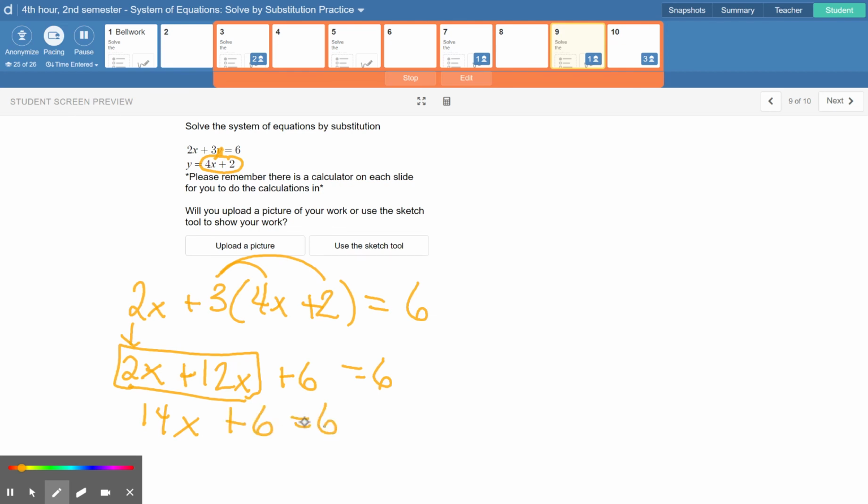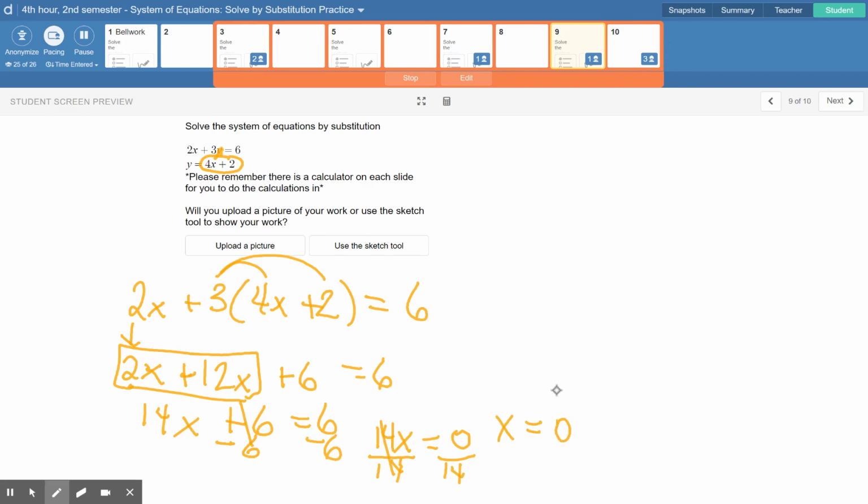Now some students were confused in this step. We have to subtract 6 on both sides. So then we have 14x equals 0. And that's okay. A 0 is okay. Keep moving and doing the steps that you're supposed to. So x equals 0. That is a number. We don't use it often, but it's still a number.